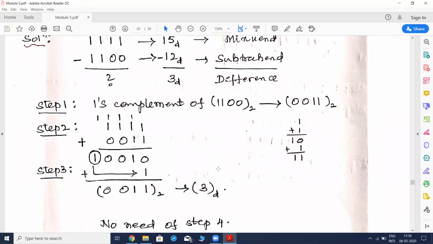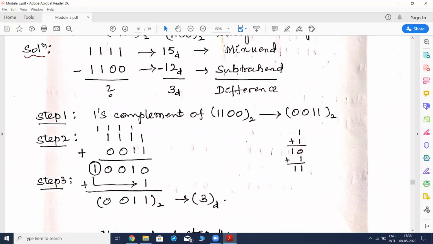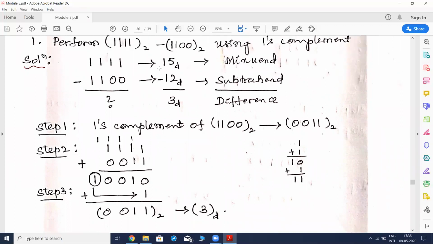Now let us see once again. Write down the problem properly. Here it is given 1111 minus 1100. First take one's complement of the subtrahend. Then in the second step add it to the minuend. Look at the number of digits that you have got.